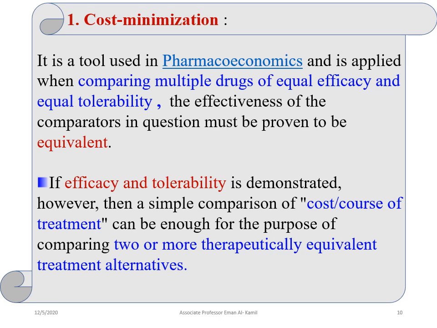If efficacy and tolerability are demonstrated, then a simple comparison of the cost of the course of treatment can be enough for the purpose of comparing two or more therapeutically equivalent treatment alternatives.